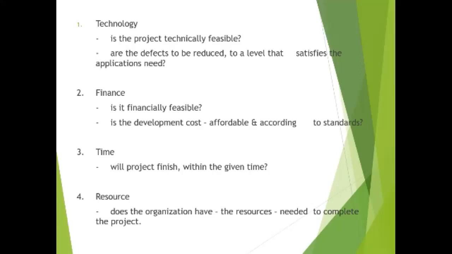Second, finance: is it financially feasible? Is the development cost affordable? Next, time: will the project finish within the given time? And resources: does the organization have the resources needed to complete the project?